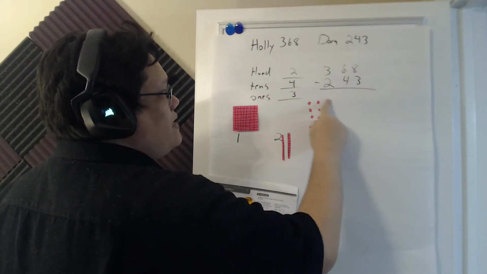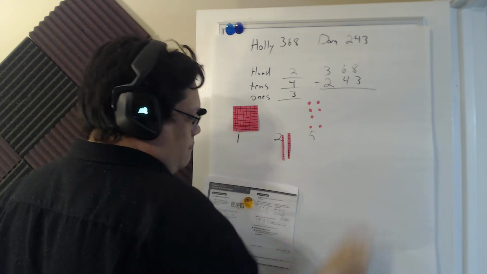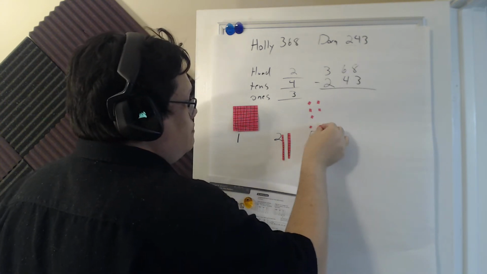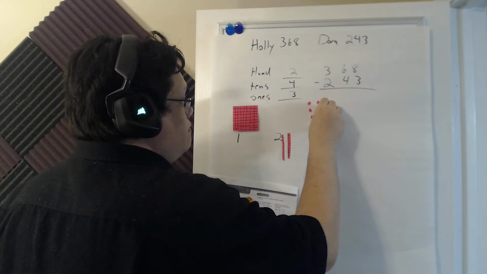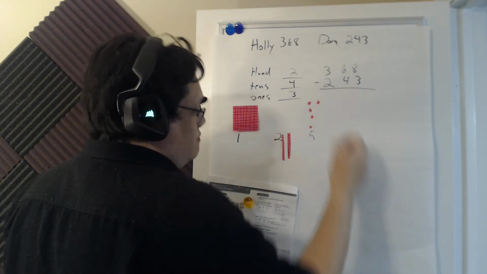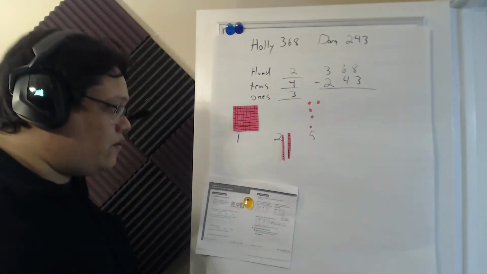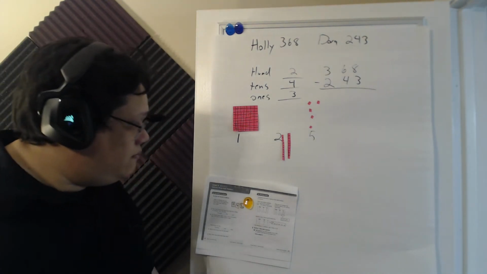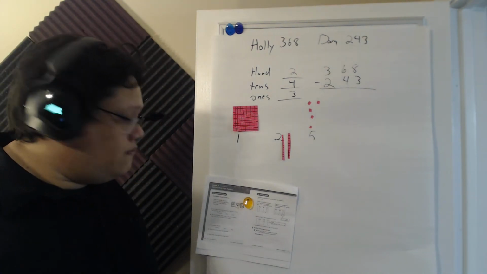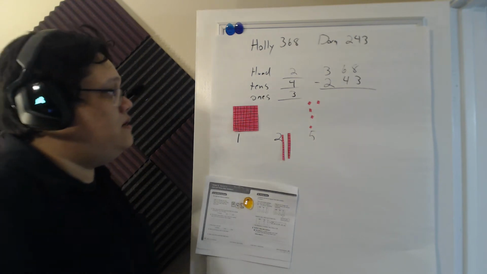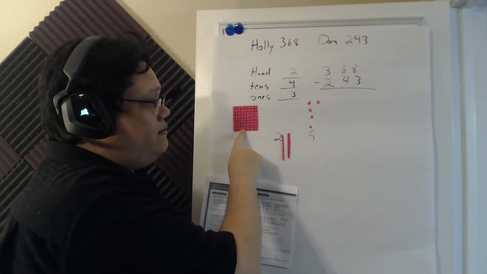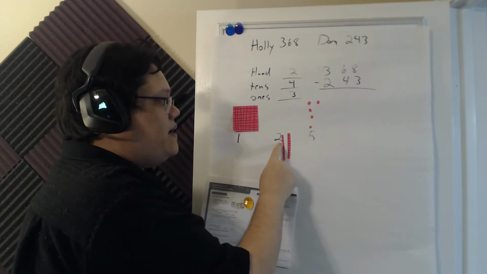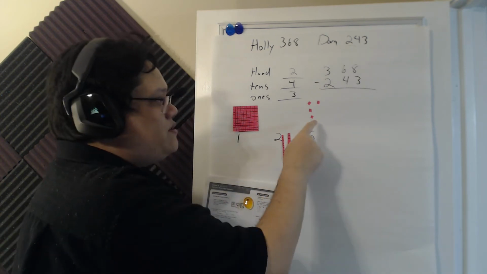We have 8 here, and we take away 3. 1, 2, 3. So that one still worked out pretty well, right? Yeah. So now we can count this up. How many hundreds do we have? 1. How many tens do we have? 2. How many ones do we have? 5.